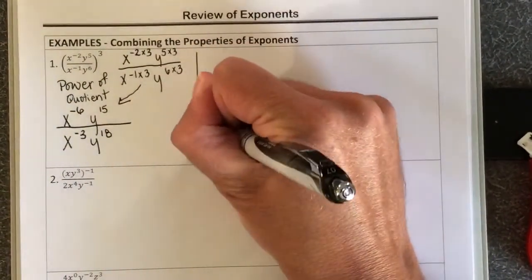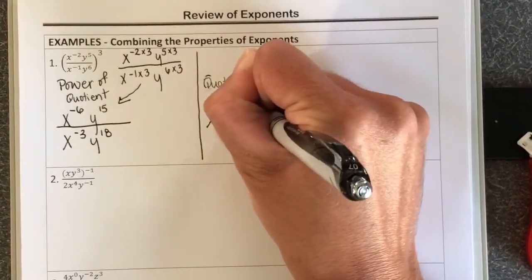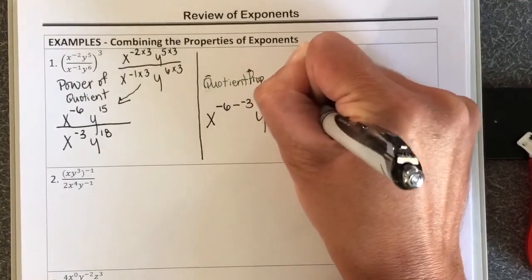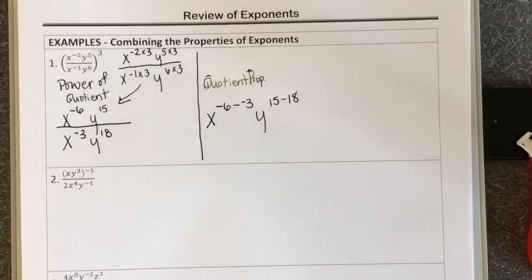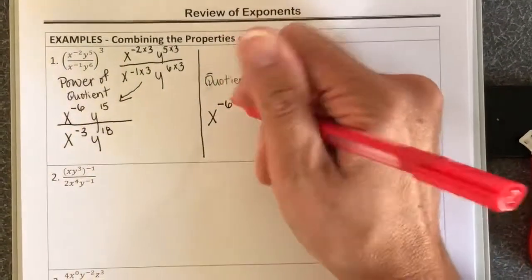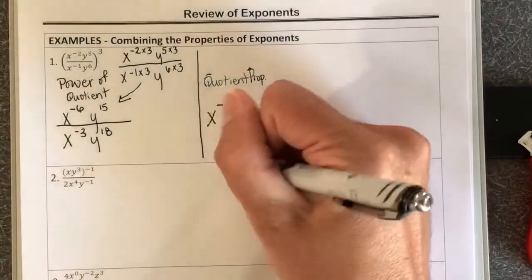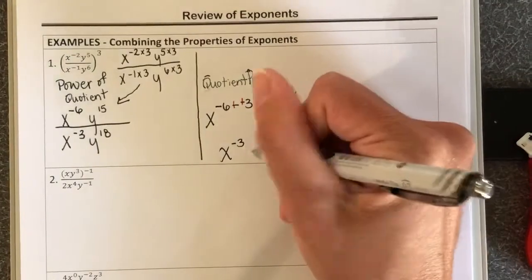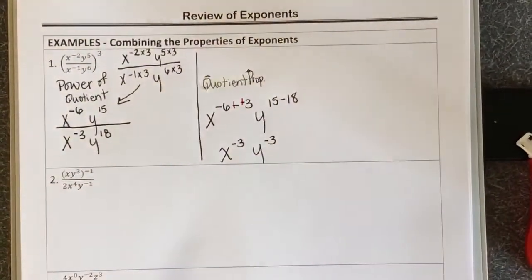So if I set it up as x to the negative 6 minus negative 3, and y to the 15 minus 18, then negative 6 minus negative 3 becomes negative 6 plus positive 3. So x to the negative 3, and 15 minus 18 is y to the negative 3.